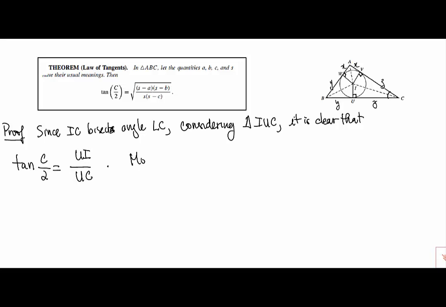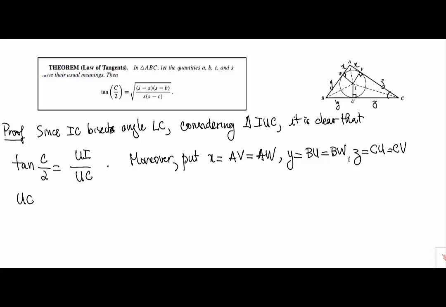Now, moreover, we'll put little x to be equal to AV, which we also set to be equal to AW, and let y be BU, which is equal to BW, and let z be CU, which is CV.